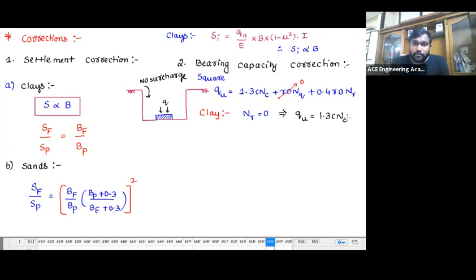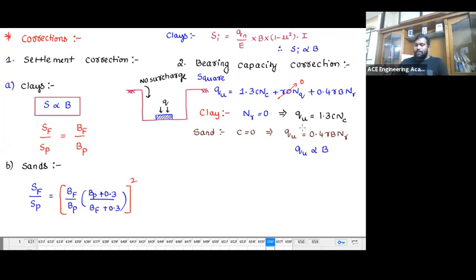Remember that point? And if it is a sandy soil, you know that c is equal to 0. Then qu is equal to 0.4 gamma B N gamma, and I can write here qu is directly proportional to width.